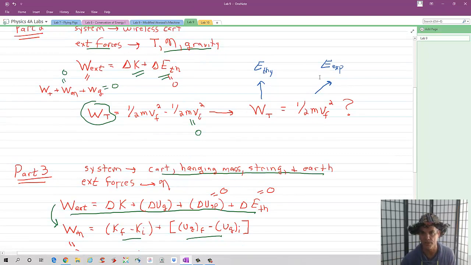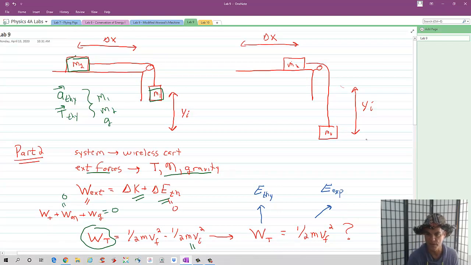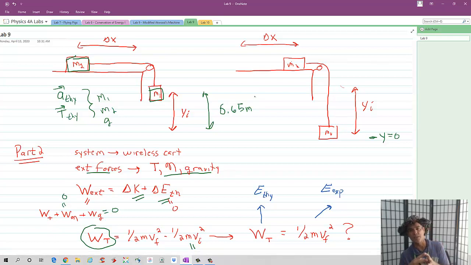So mass M1 is starting at an initial height of 65 centimeters, 0.65 meters. That's how much gravitational potential energy it has, m g y, where y is 0.65 meters and the mass is 25 grams.